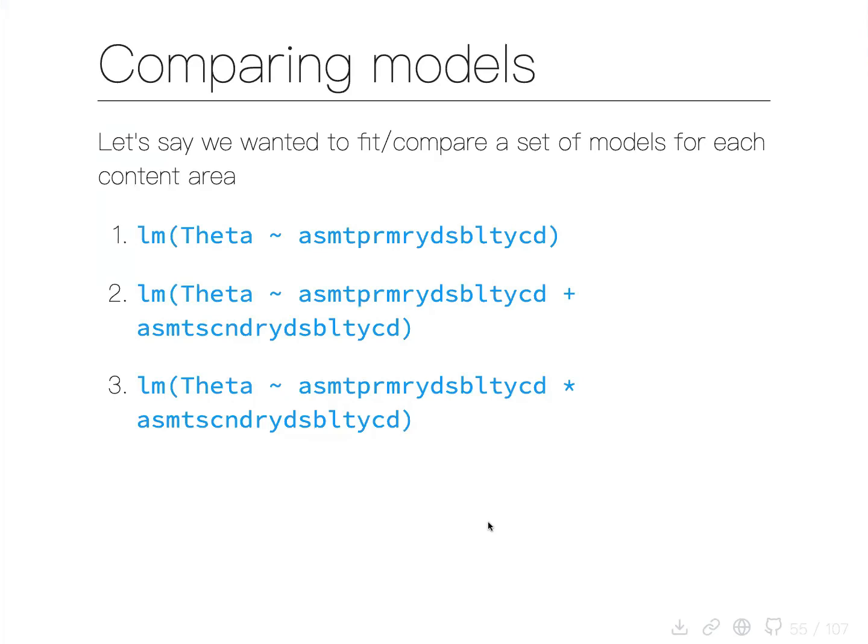All right. Let's say we want to compare models. So let's say we're using this data that we have now that we just read in, and we want to fit 3 different types of models. The first includes, so theta is the outcome. Theta is like the student's score on an IRT metric. Okay, this thing is the student's primary disability code.